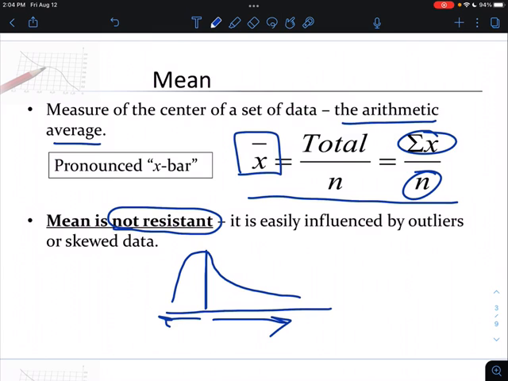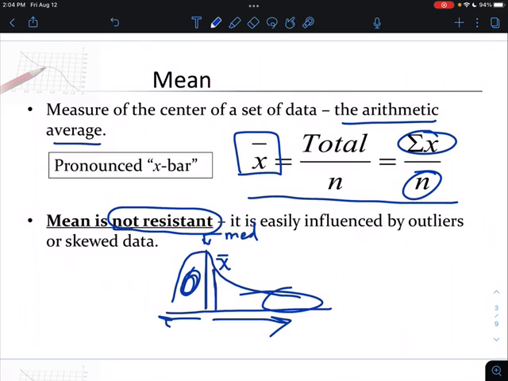And so even though we have a bunch of values right here towards the center, these values up above are going to drag that mean. So the median is going to be closer to that maximum, that hill that we noticed there. But the mean is going to get pulled in the direction of the tail. And so the mean would be somewhere more up here.